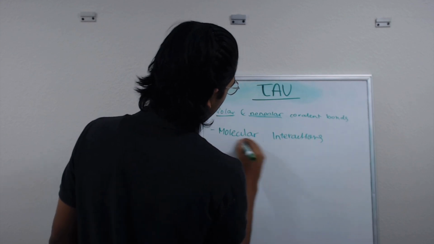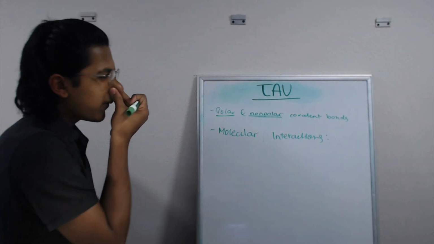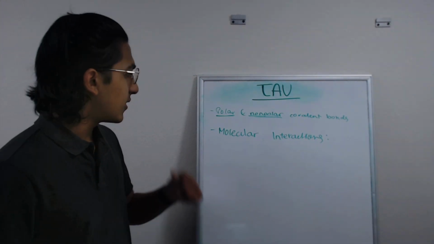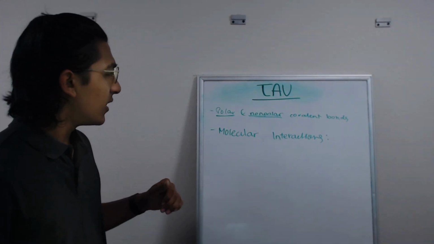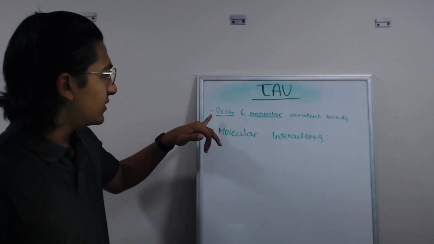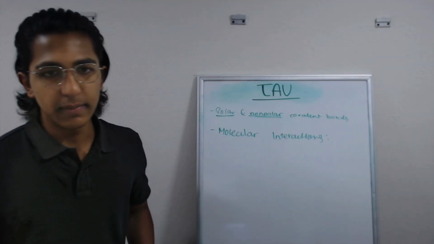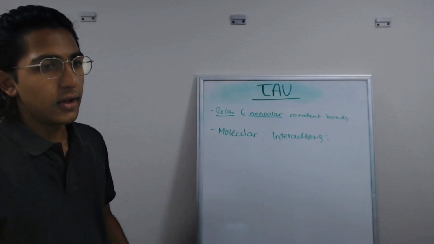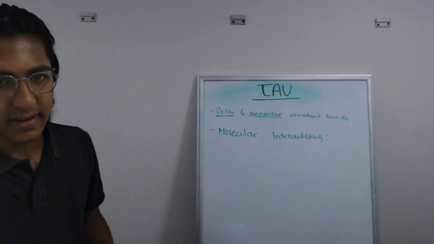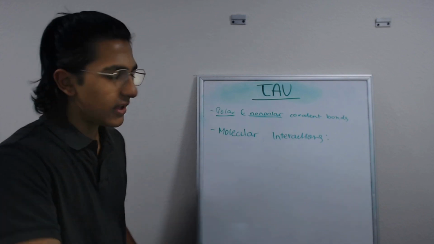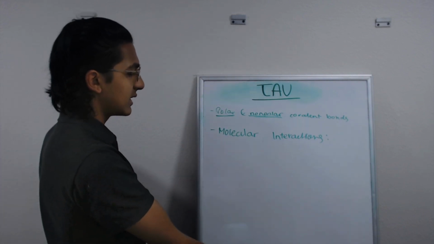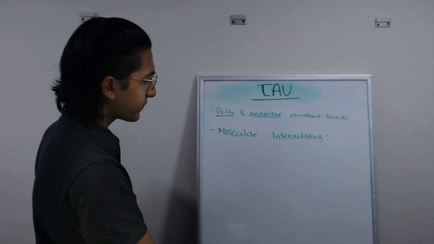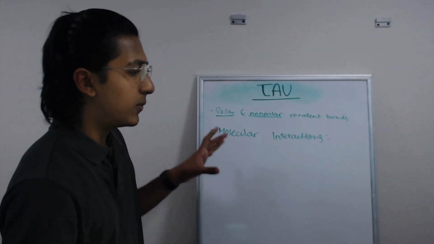interactions. There are a few types of molecular interactions that can occur. First, let's talk about those in non-polar covalent bonds. First, what do I mean by molecular interactions? Let's say you have a bunch of molecules put into a box.